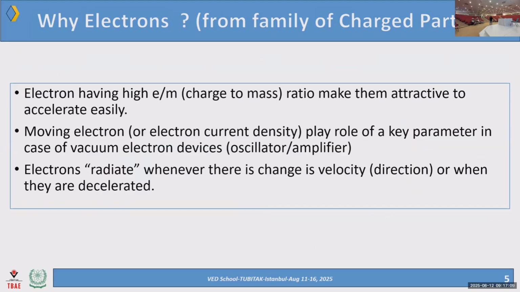By the way, you're all familiar with synchrotron radiation, so it's a sort of parasitic thing, but in fact, it is what electrons can generate for us. So the same character is useful when we talk about oscillators and amplifiers. That is the topic of this school.